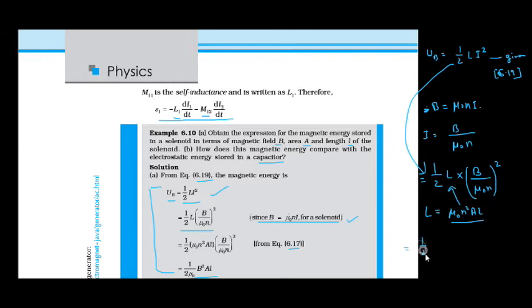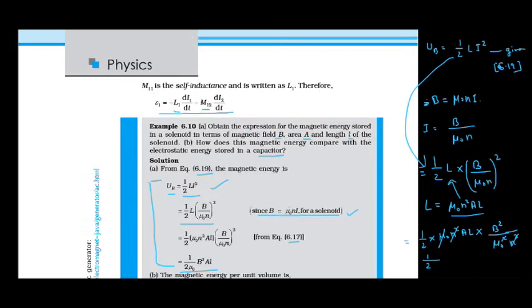We get half mu naught N square AL multiplied by B square upon mu naught square N square. So you cancel one mu naught, and N square also gets cancelled. So what is left?